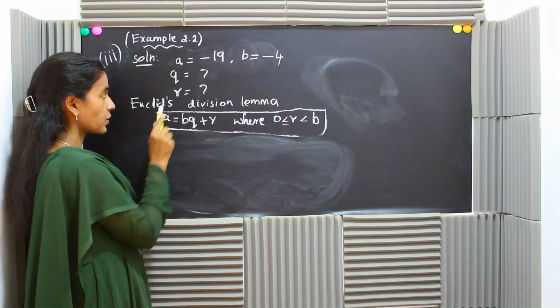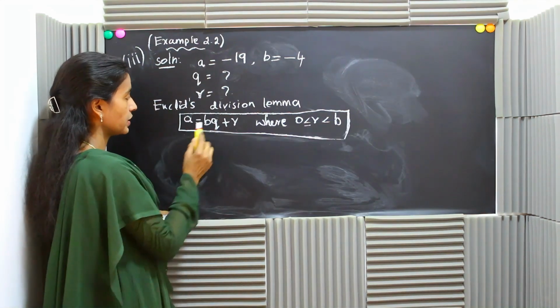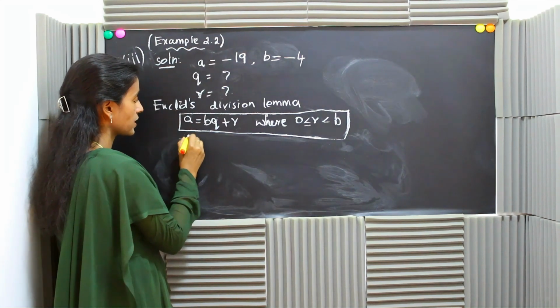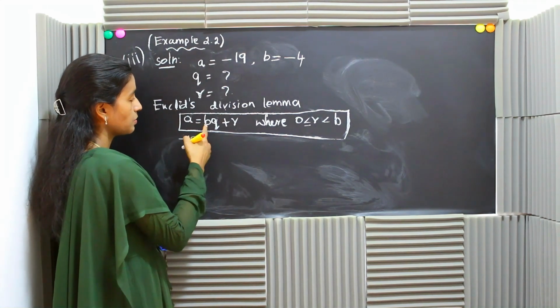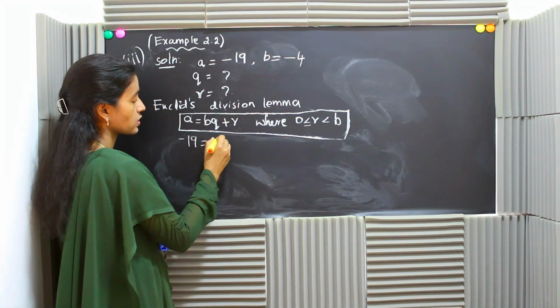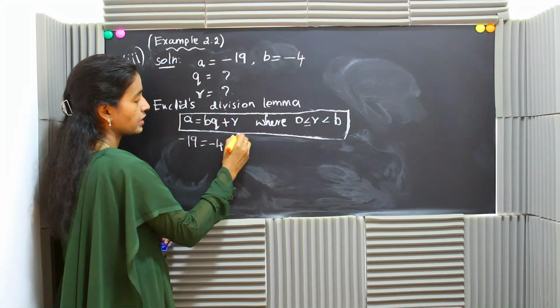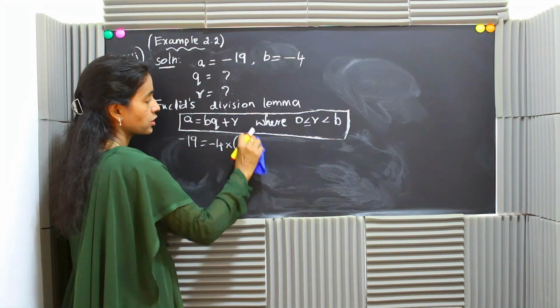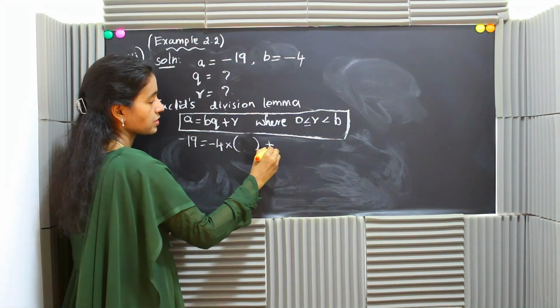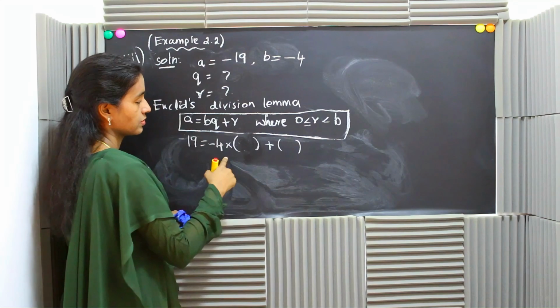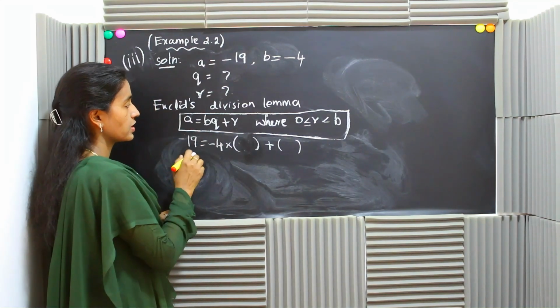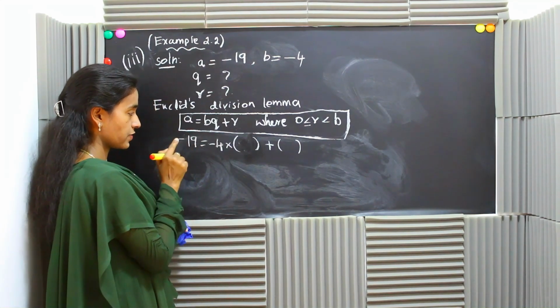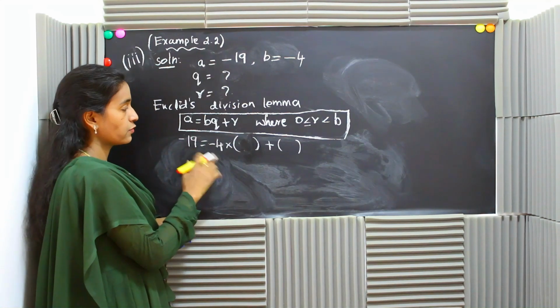Now I have to apply the values of A and B here. A value is minus 19, B is minus 4, and then I need to find out the values of Q and R. Okay, for that I should divide 19 by 4.